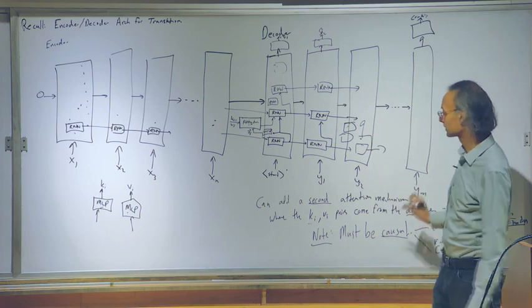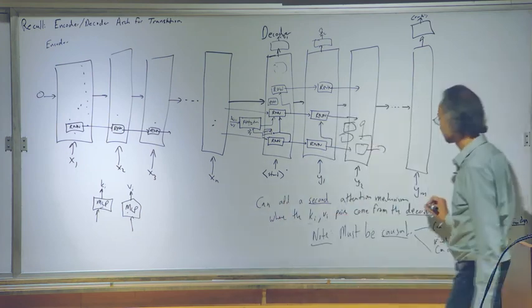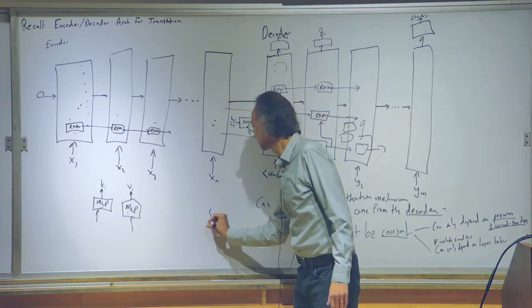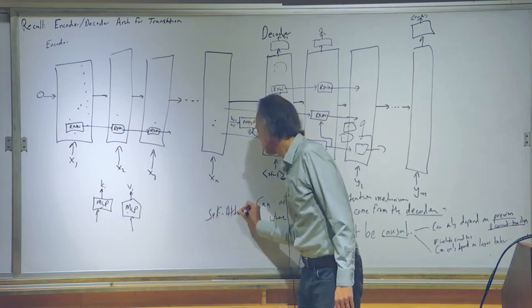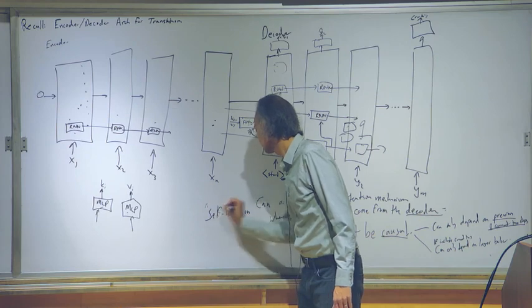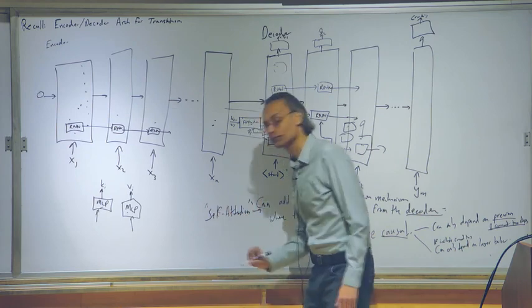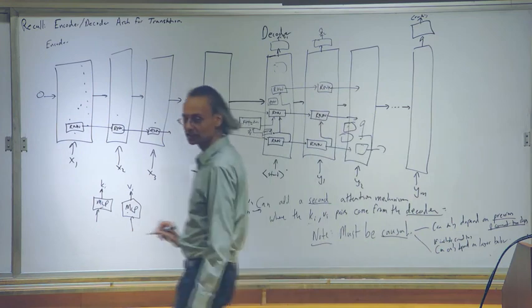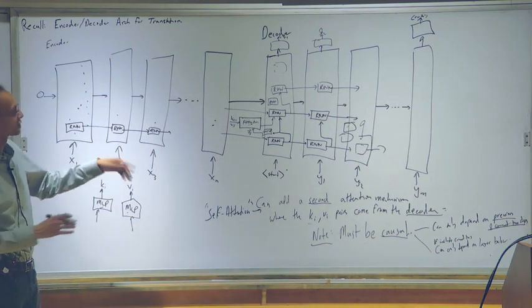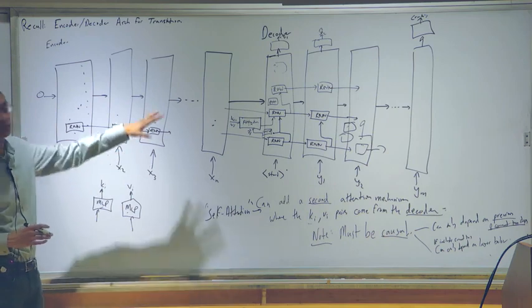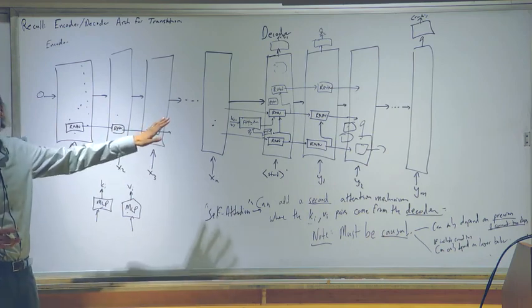The second attention mechanism is called self-attention, because it's from the same thing. This is the attention in which the key value pairs are populated in the decoder by the decoder itself.